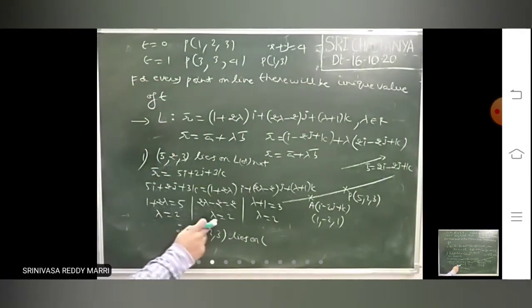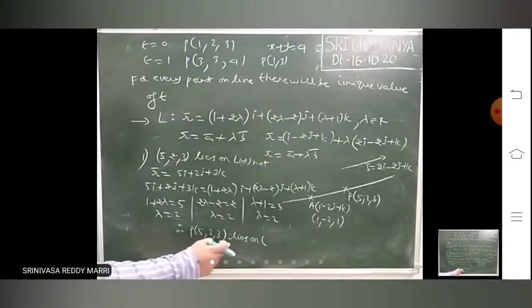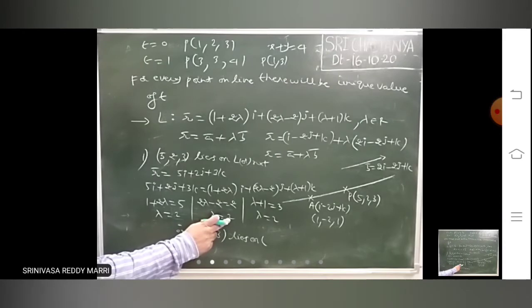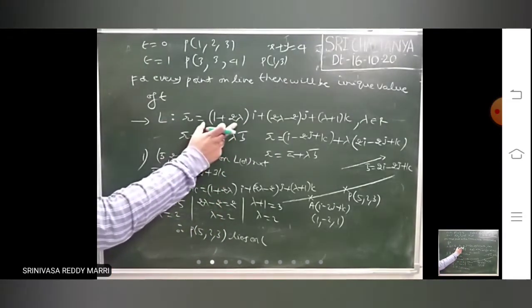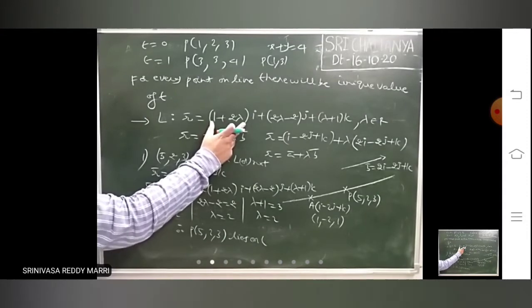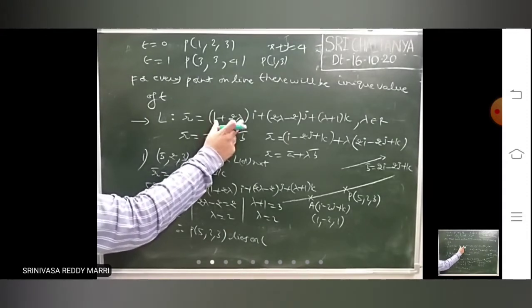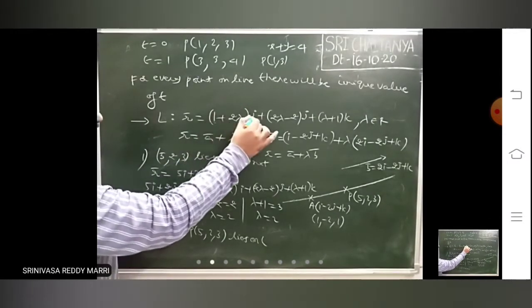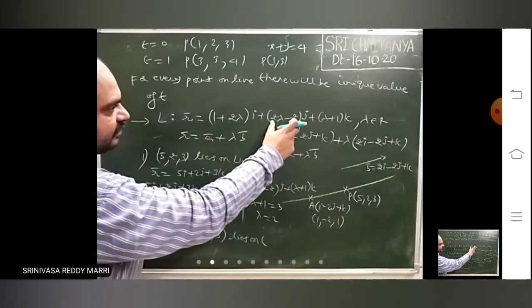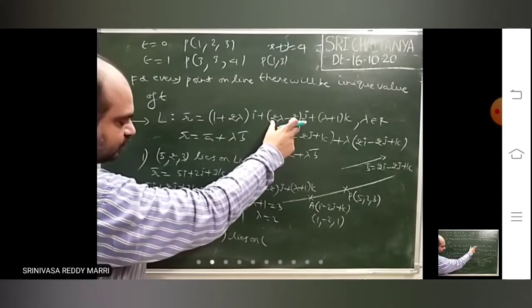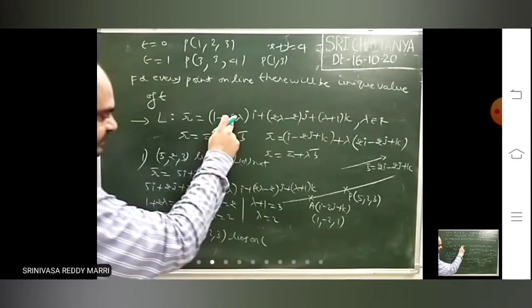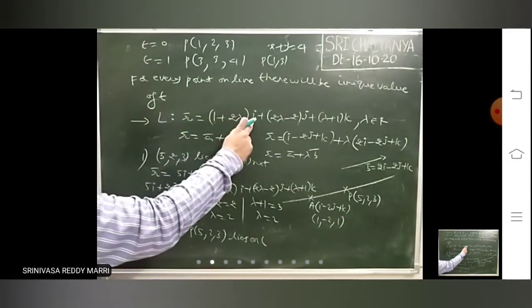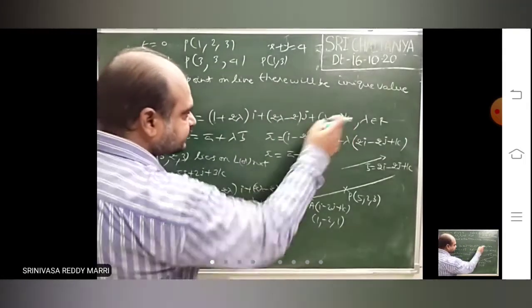You are getting the same value of lambda in 3 cases. That means this point lies on L. Suppose lambda equal to 2, you substitute it here. You will get 5i plus 2j plus 3k.